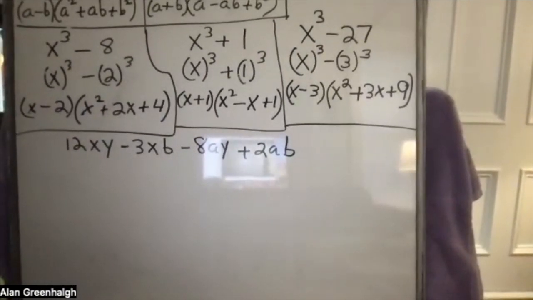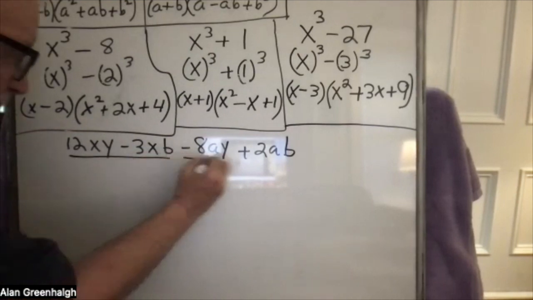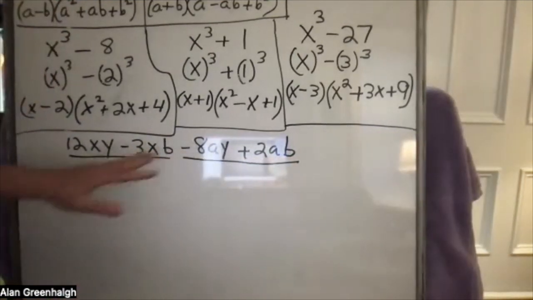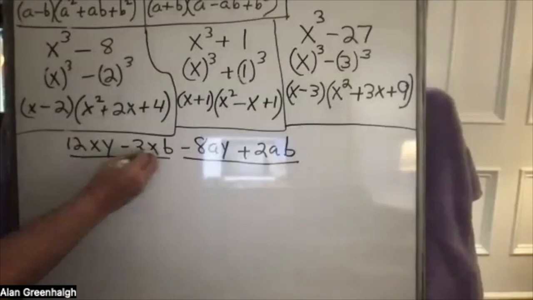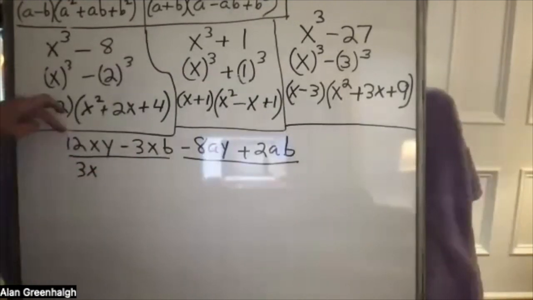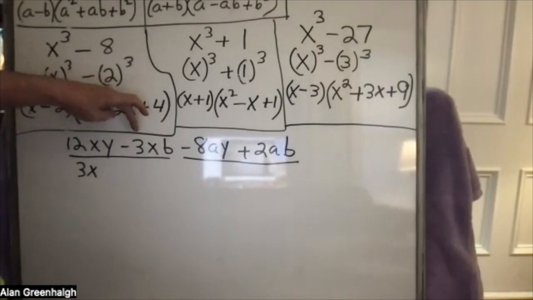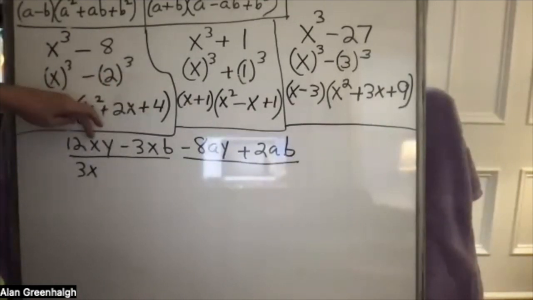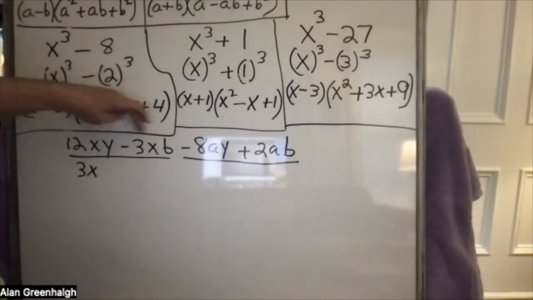Okay, now we're grouping them. Well, let's not even use parentheses. Let's group them just by simply going like this. That's the two groups. Now, the common factor here is 3x, because 3 goes into 12, 3 goes into 3, x goes into x.